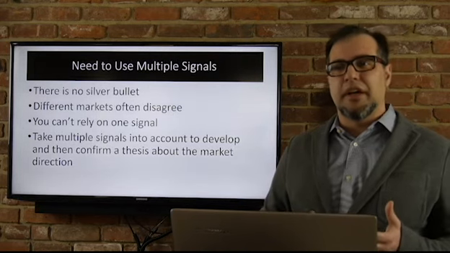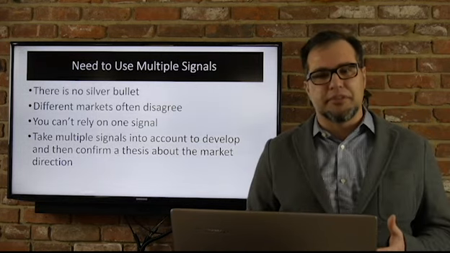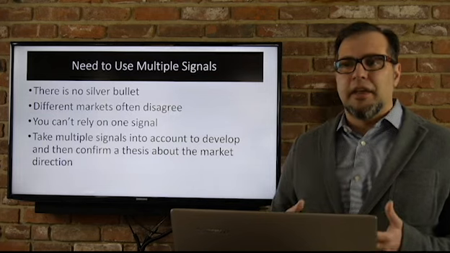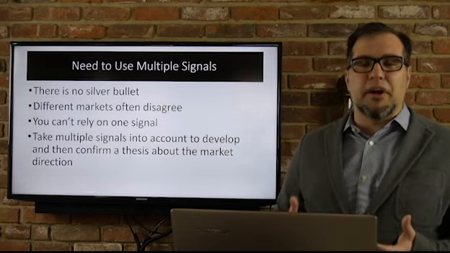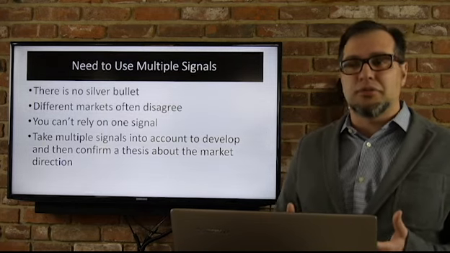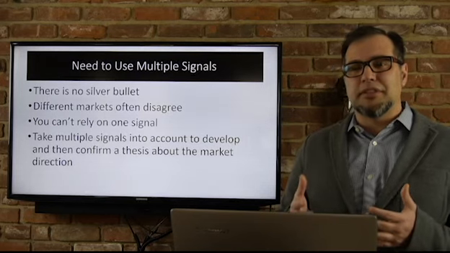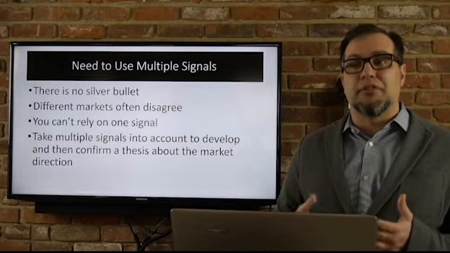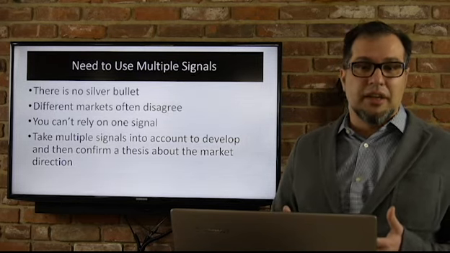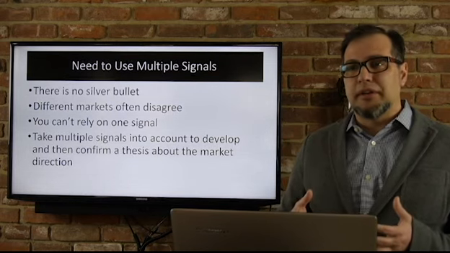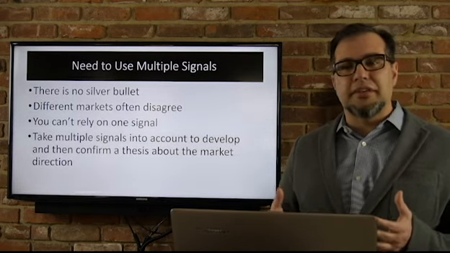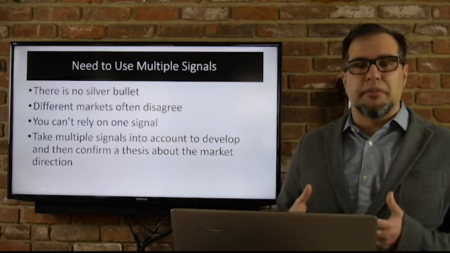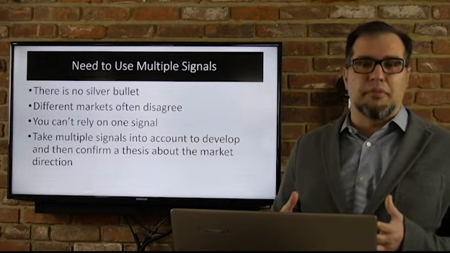As we discussed, there is an SPX options market and there is a VIX futures market, and because they're different markets, they can disagree. So if you think that something is happening, you really need to get confirmation from both markets. You need to monitor all the indicators, and you need to get confirmation from both markets before you deploy money.